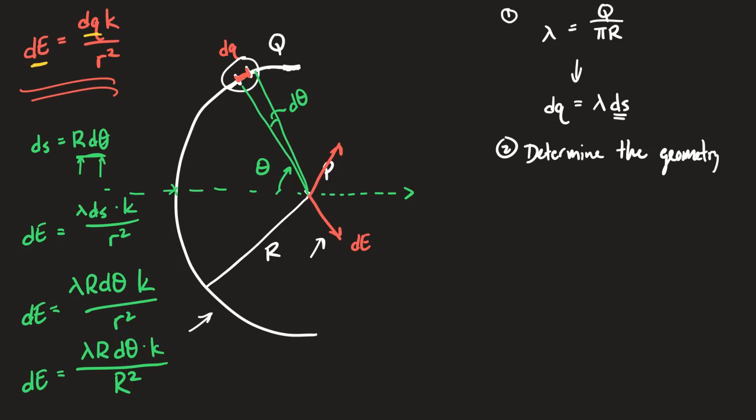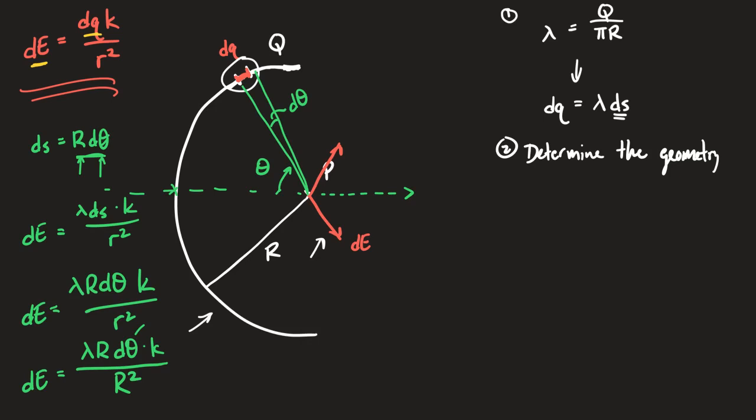How's that? No worries? All right, so we've been able to determine the geometrical part. We've got an expression for a piece of the electric field that is based on where I am on the arc.